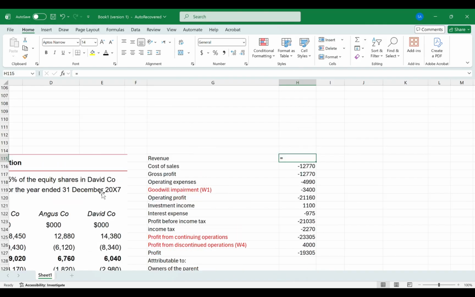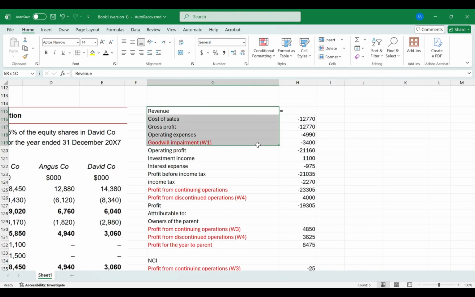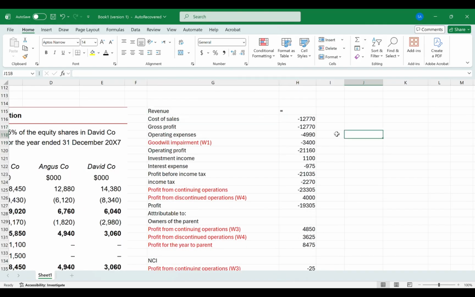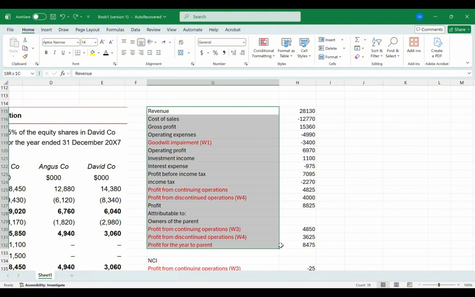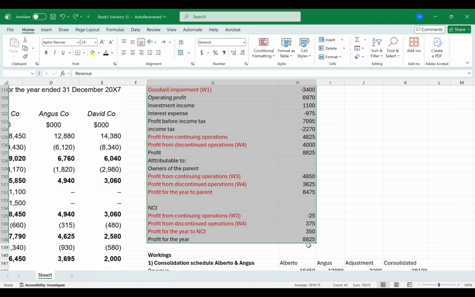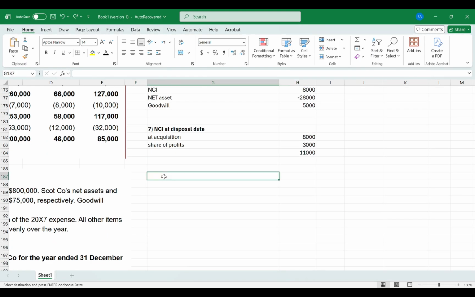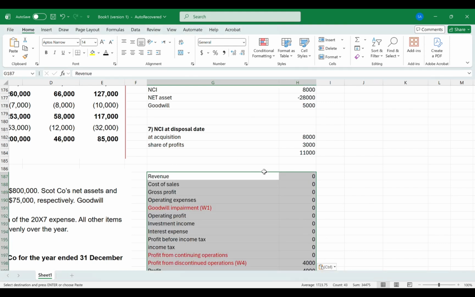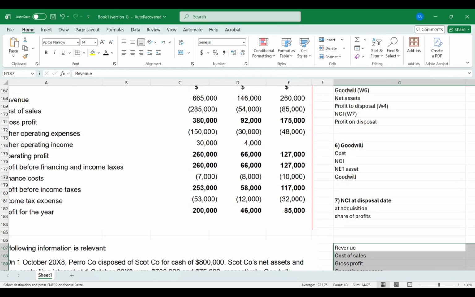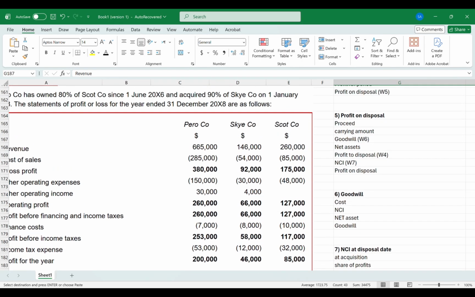Or rather, what I will do is copy and paste here. Okay, now done. So now when I take the revenue, I will take Parent and Sky. Scott, the last column, is not going to be consolidated because you have disposed of it.